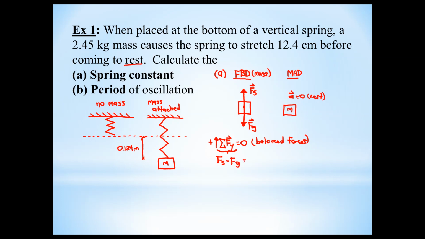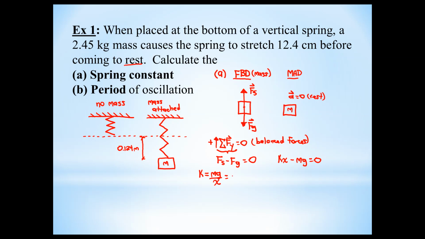So you have Fs minus Fg is equal to 0. And let's expand the equation now. According to Hooke's law, the magnitude of the restoring spring force is just K times x. And Fg is m times g. And now we can manipulate this equation for K. So if I add mg to both sides of the equation and divide by x, I would get K is equal to mg over x.